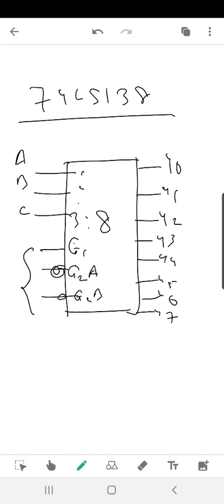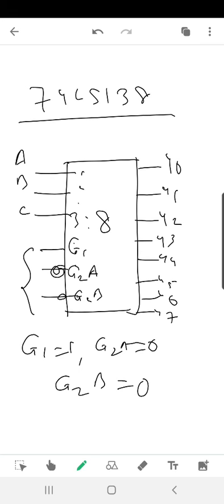The device will function only when G1 equals 1, G2A equals 0 and G2B equals 0. This IC has 3 lines which will decide the operation. Since these are enable lines, remember G1 is active high, so for this decoder to work, G1 should be at 1.